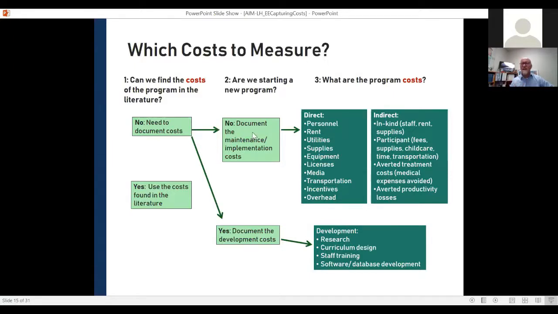If it's a well-established program where we know we're doing it consistently, then that's a little more straightforward. We would then have to create mechanisms to document the costs of the program, the direct costs and the indirect costs.